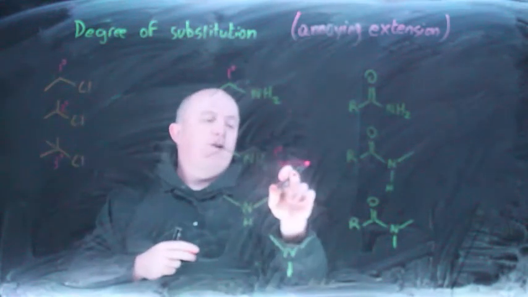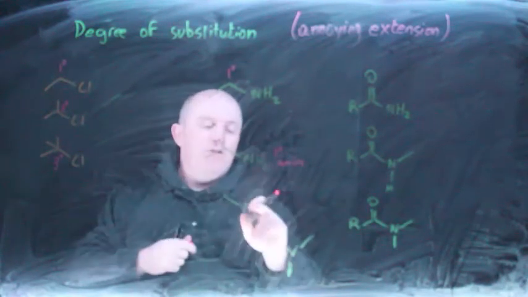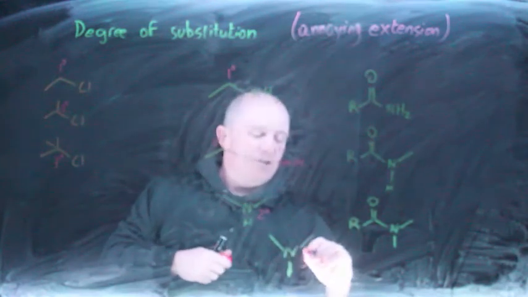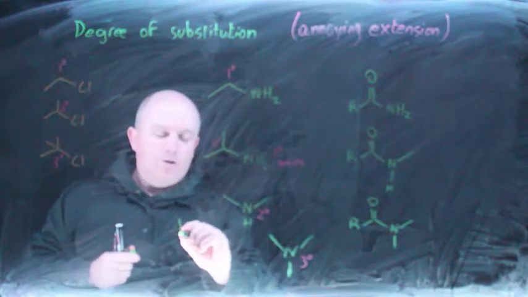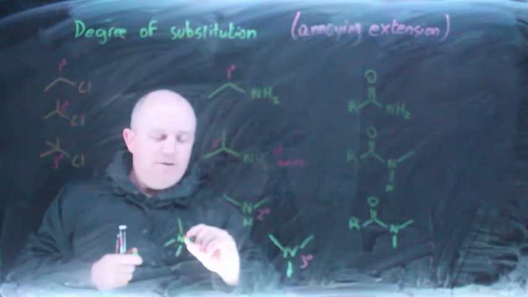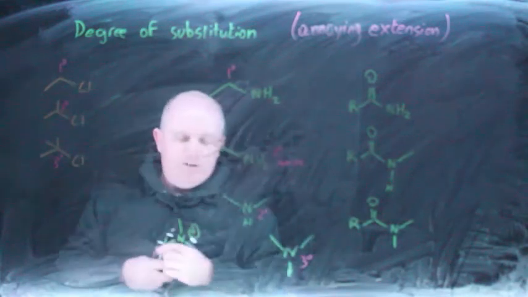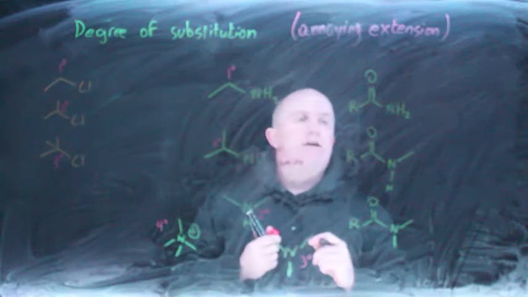So a primary amine is an amine that's bound to one carbon no matter what else is on that. Therefore, this would be a secondary amine, and this would be a tertiary amine, and you in fact can get quaternary amines, which are always charged. So this quaternary amine is going to bear on it a positive charge, and it would be the cation of a salt.